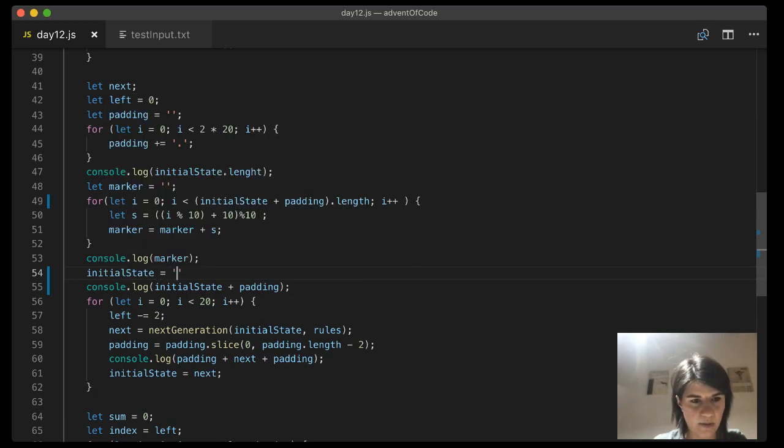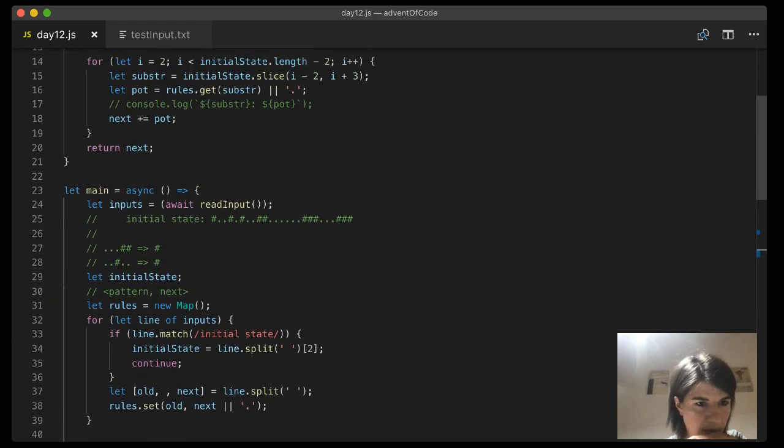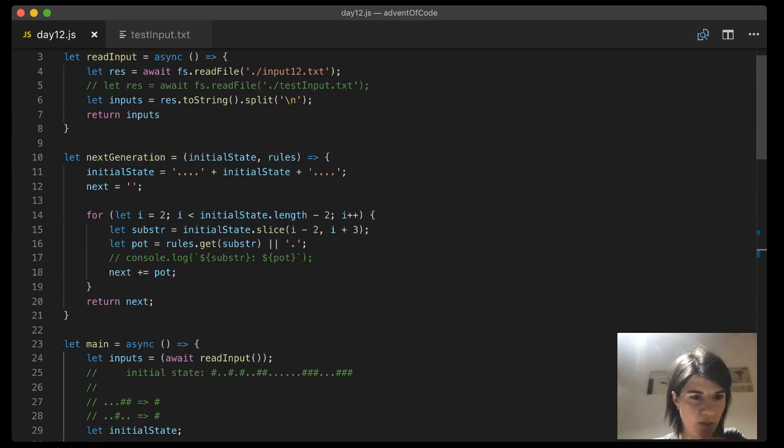Initial state equals 1 dot for padding and the initial state. And then up here, when we do the next generation, I don't want 4 dots on the left, I want 2 dots on the left, because then I equals 2 works.